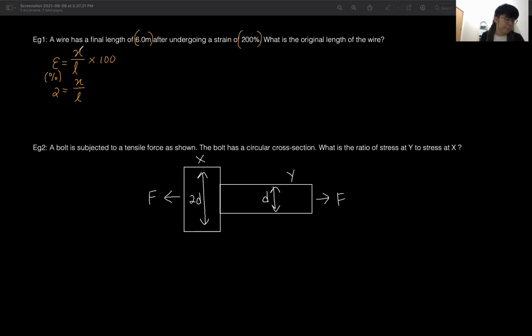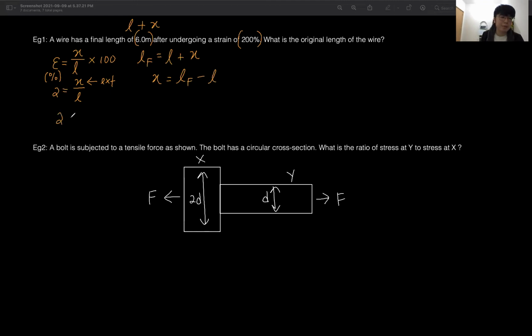Okay, now it says that the wire has a final length of 6 meters. After you stretch it, it has a length of 6 meters, meaning that this final length is the original length plus the extension. So L final equals original length plus extension. From the strain formula, extension equals final length minus original length.